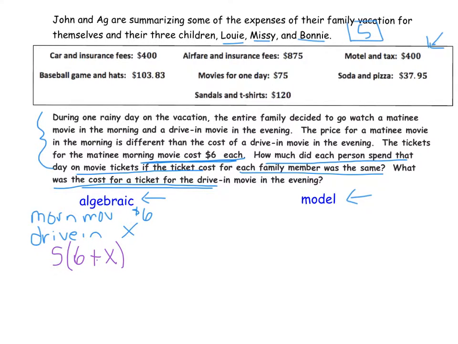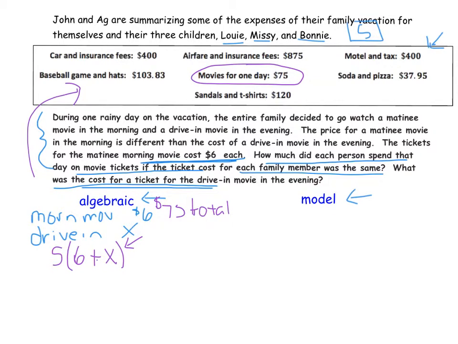So right now that's the expression for how much each person spent, so right here, each person spent that amount. Now, what does this look like in a tape diagram? Well, oh, and we also know that they spent, if we go up here, $75 total.